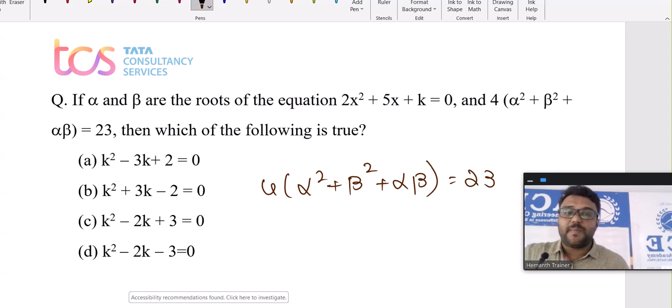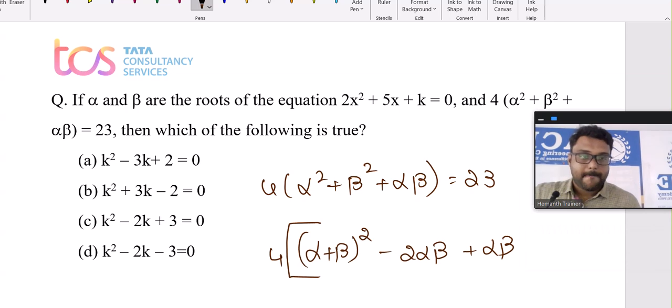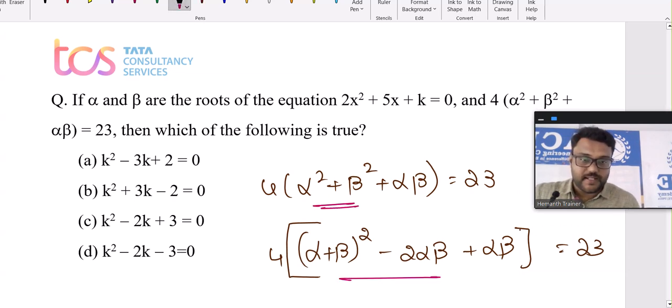Now alpha square plus beta square can be written as alpha plus beta whole square minus 2 alpha beta. Can I write like that? This alpha square plus beta square is written like this.